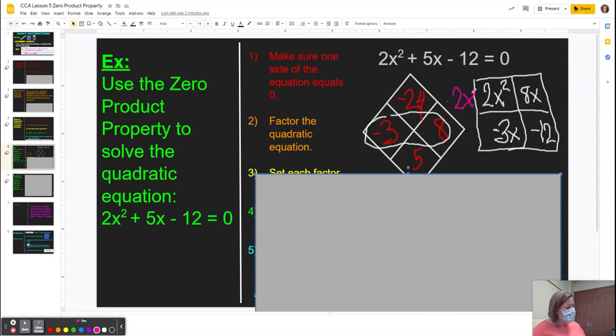And then as usual, we say, well, if this is 2x, I know 2x times x gives me 2x squared. Ian, are you writing this down so you have an example, buddy? Jesus, you good? Okay. Well, then the next question we ask ourselves is 2x times what's 8x? Ashley?